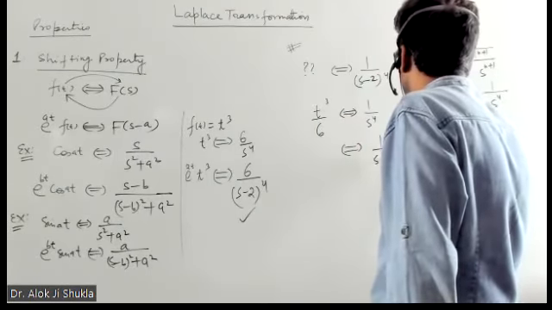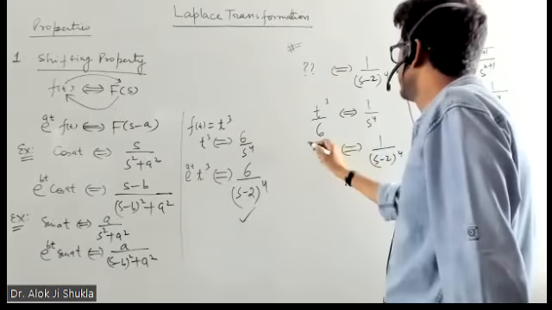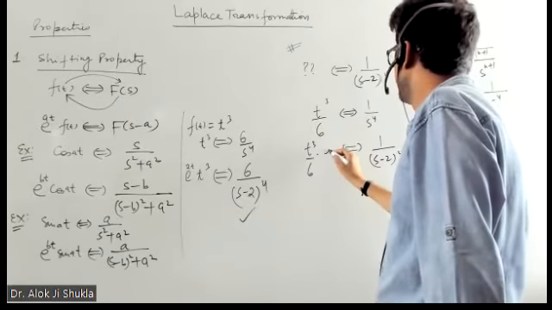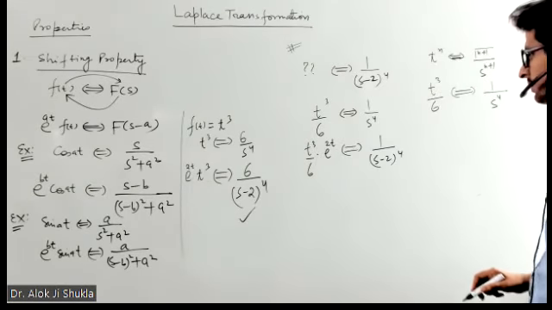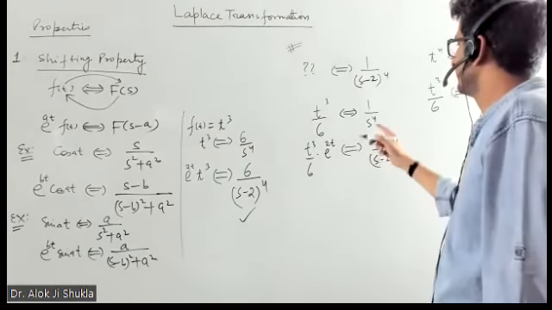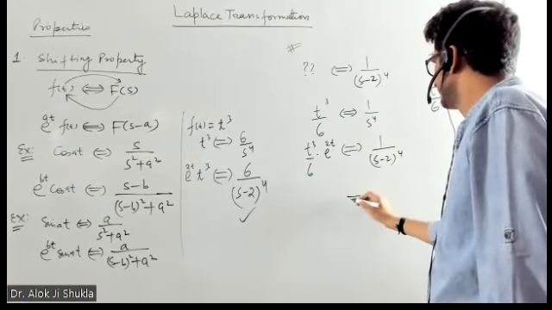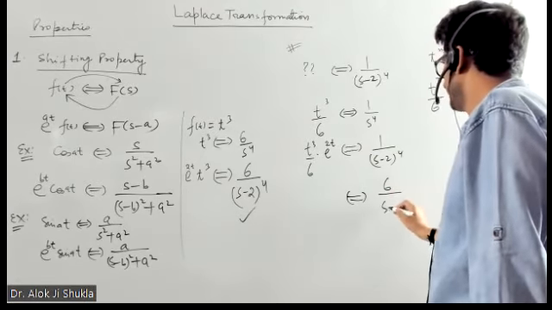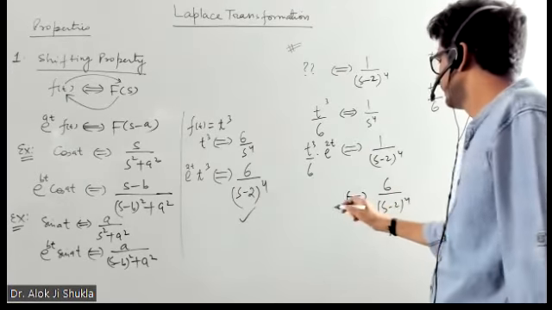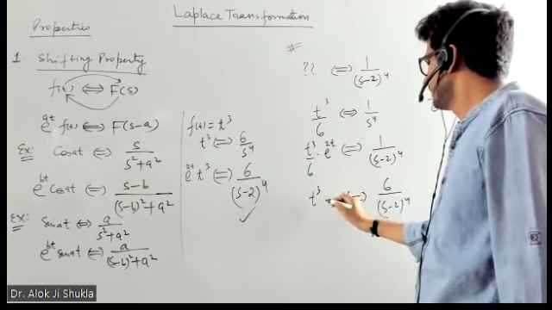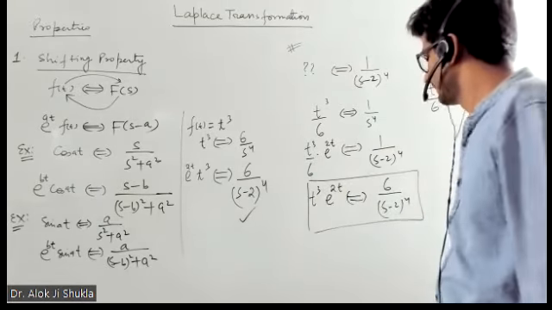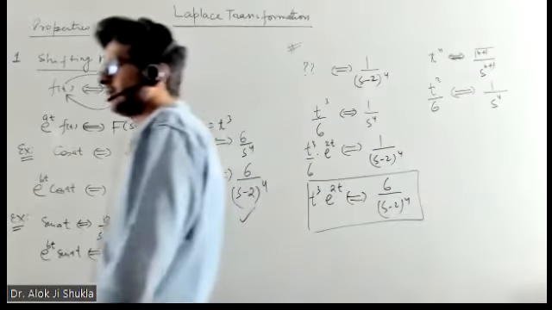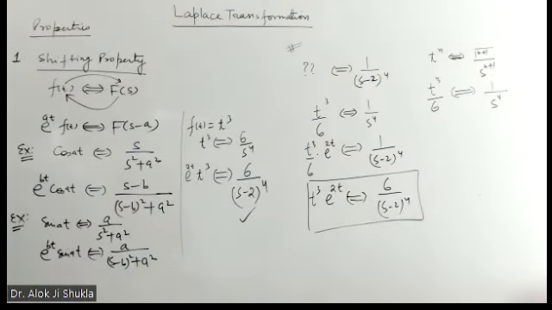When it is shifted by 2, you just multiply it by e to the power 2t because of shifting. So your question is answered: 6 over (s minus 2) to the power 4 will be t cube e to the power 2t. This way you can always write the inverse Laplace of the functions.